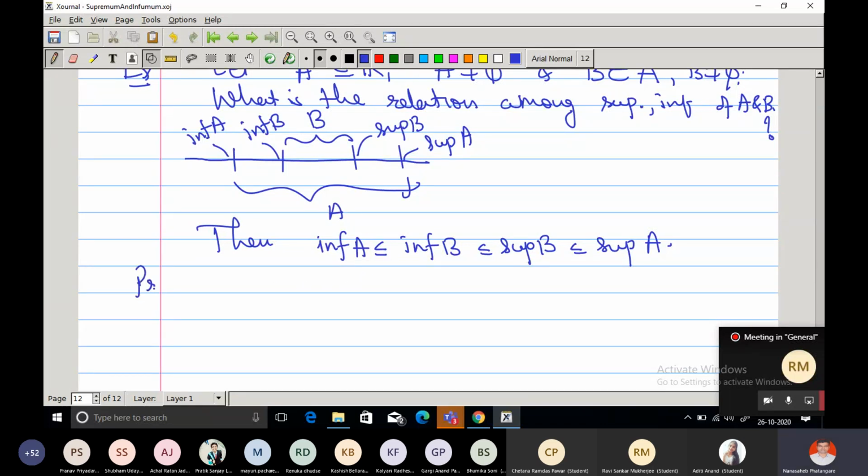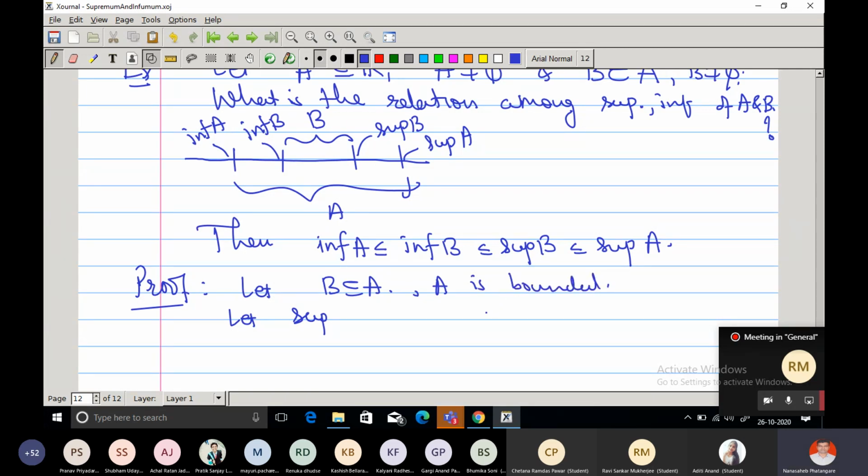Right, and how to prove this? So let B be a subset of A. Let A be bounded.